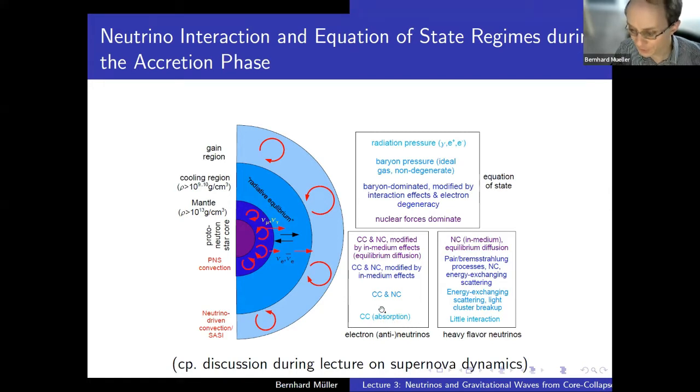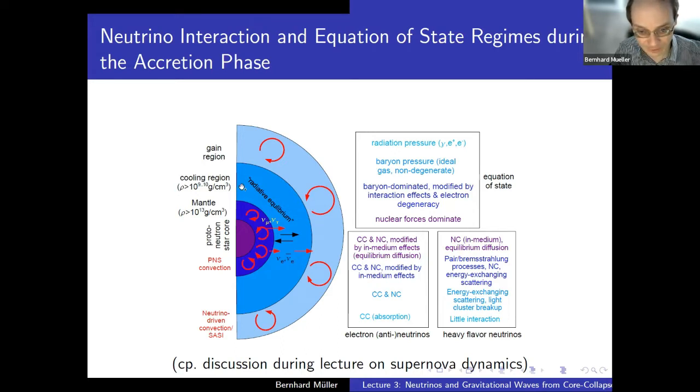Sometimes there is absorption because that heats the material. And the nucleons that you interact with are non-interacting. That means the neutrino interactions here are quite simple. The heavy flavor neutrinos barely interact in this region at all.